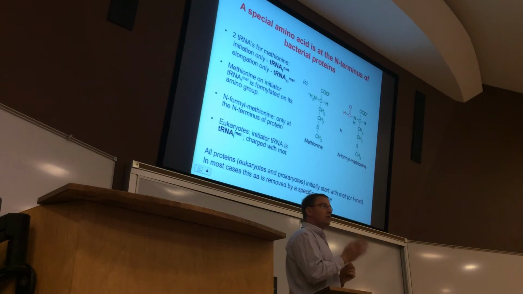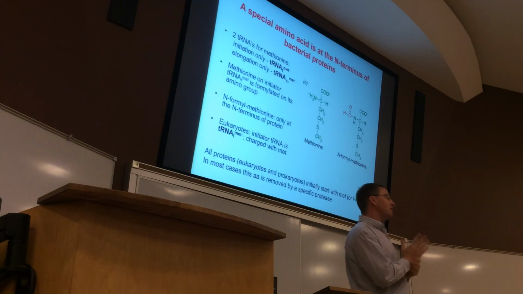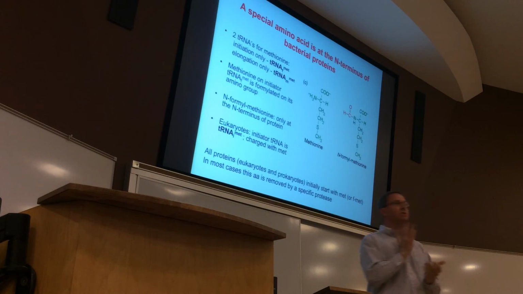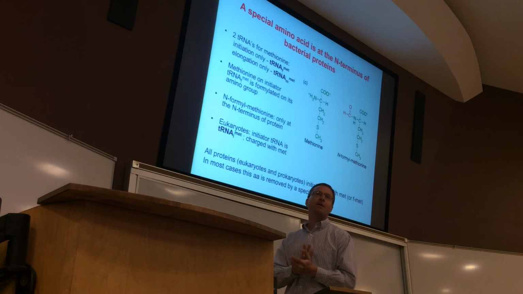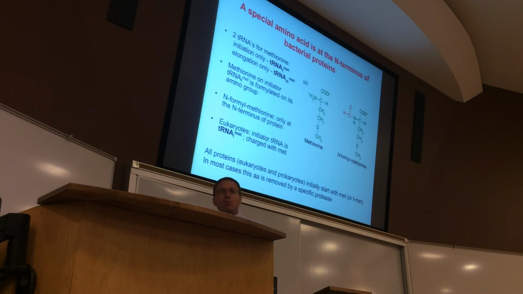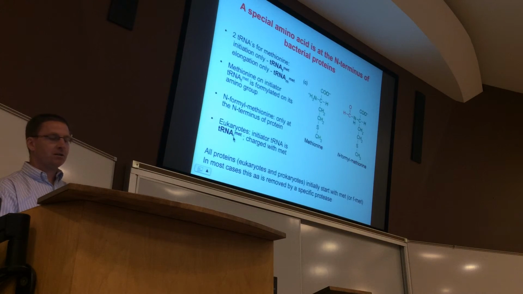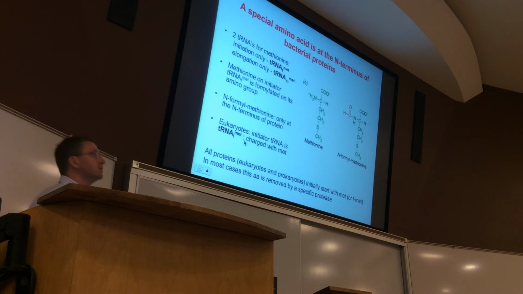In eukaryotes, you will put methionine at the beginning of every protein. You will use a special tRNA to do that, but that tRNA will be charged with basic boring old methionine. So you have a tRNA that is used for initiation, tRNA met, that is used in eukaryotes. That all making sense?